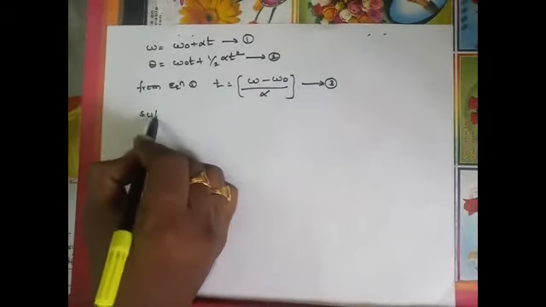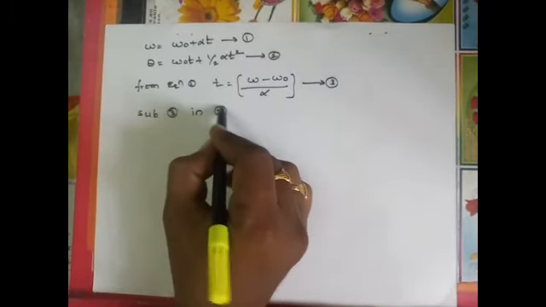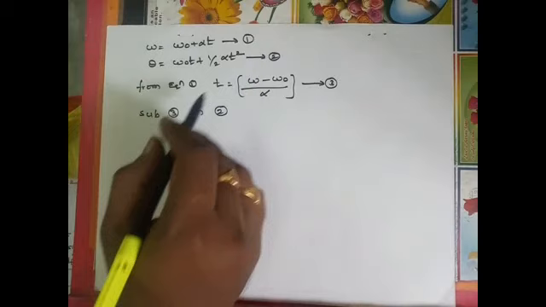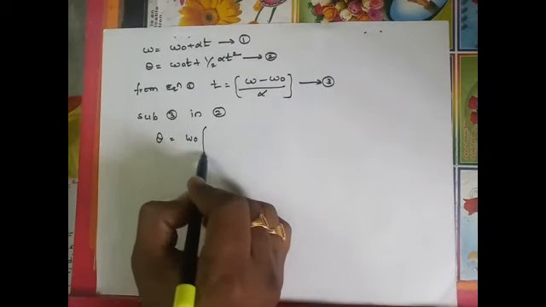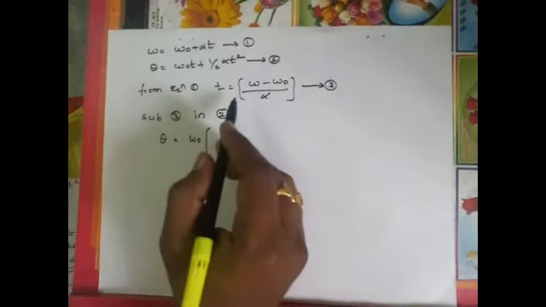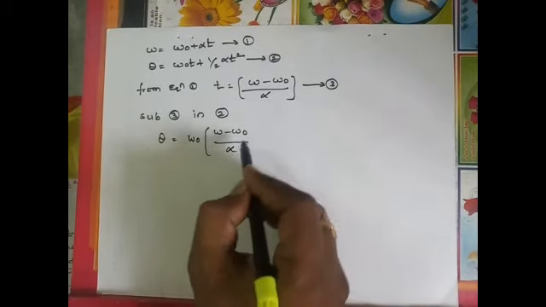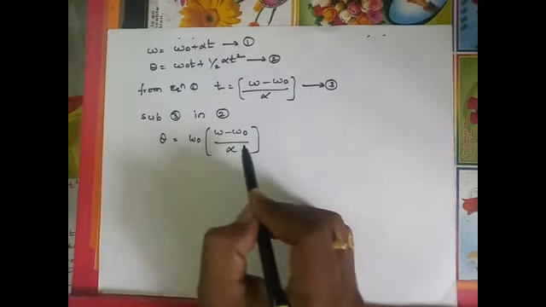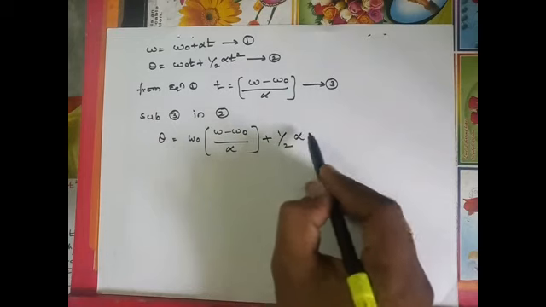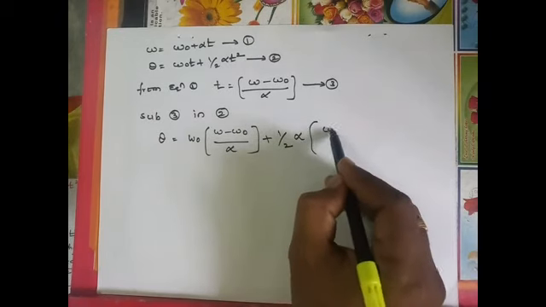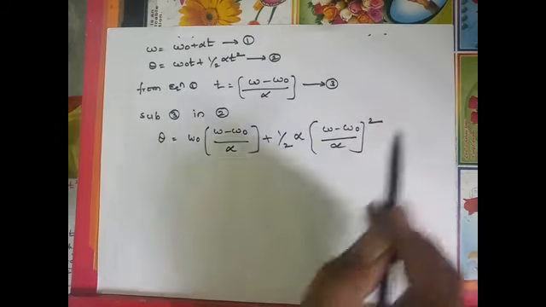Substitute 3 in 2. So theta is equal to omega naught times the value of t, omega minus omega naught by alpha, plus 1 by 2 alpha into t square, which is omega minus omega naught by alpha whole square.